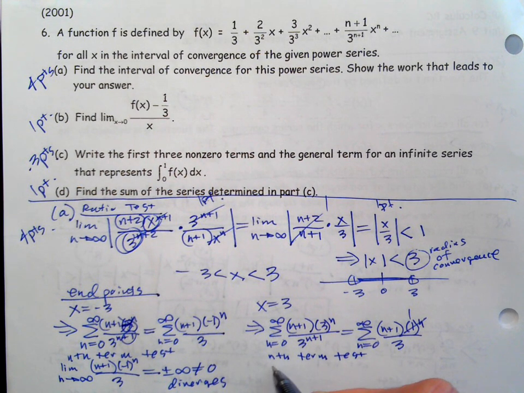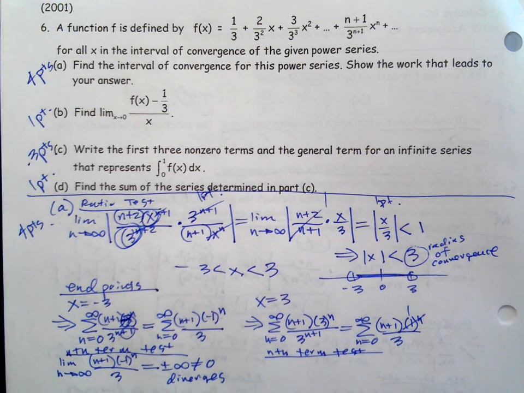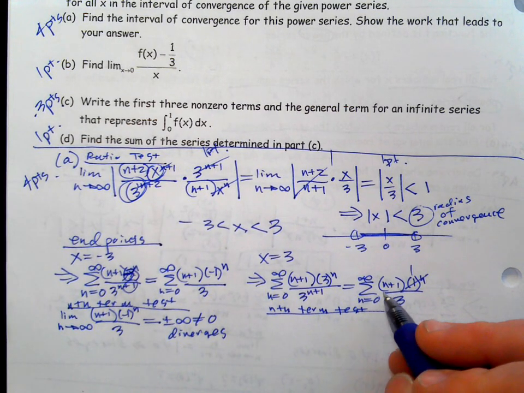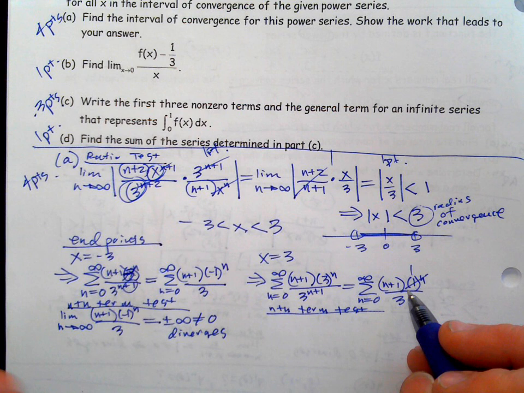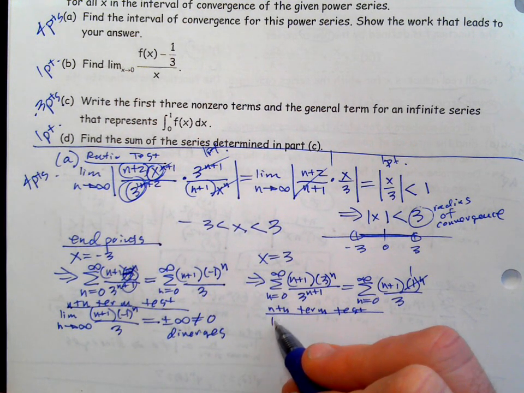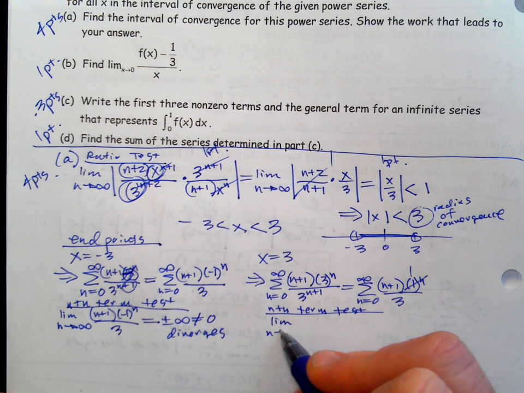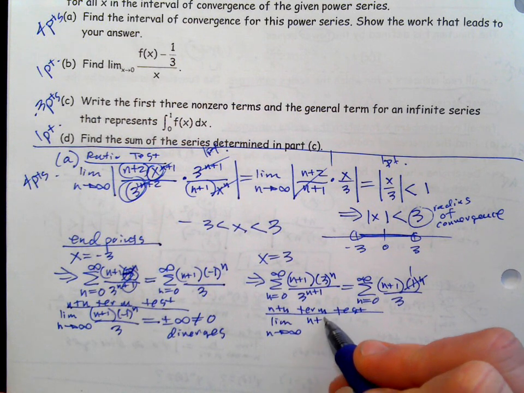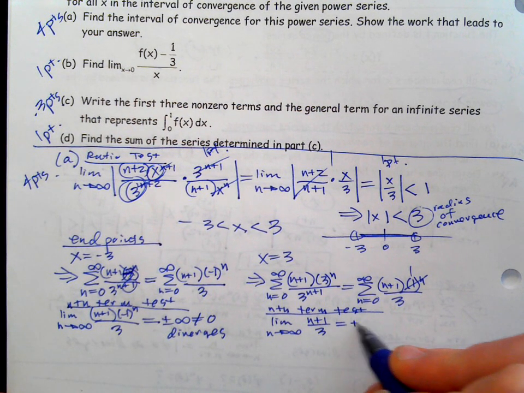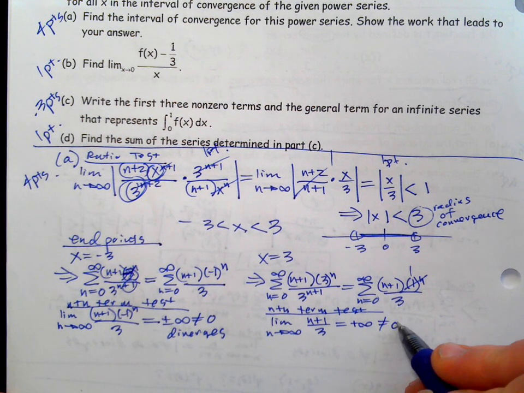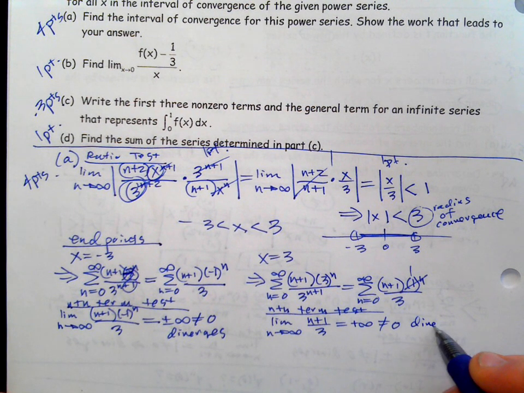It's not just about the terms diverging, they have to go to 0. So show the work: limit as n goes to infinity of n plus 1 over 3 goes to positive infinity, which doesn't equal 0, which diverges.